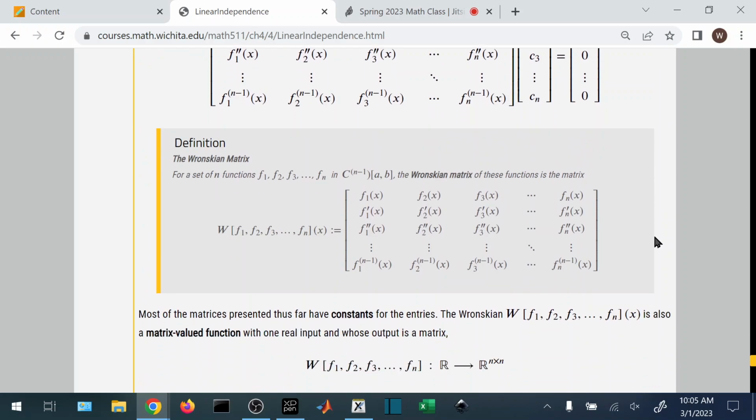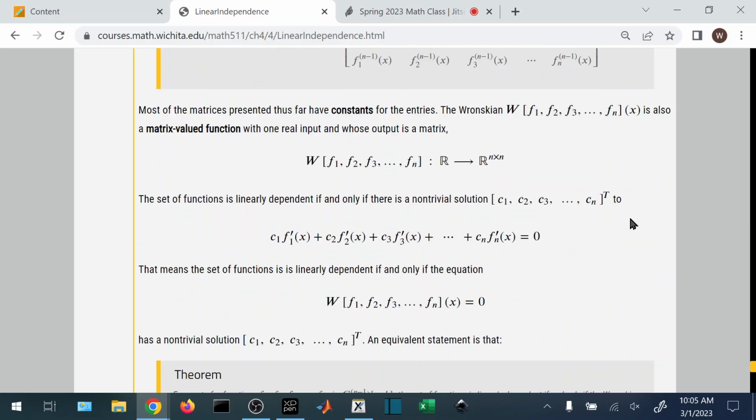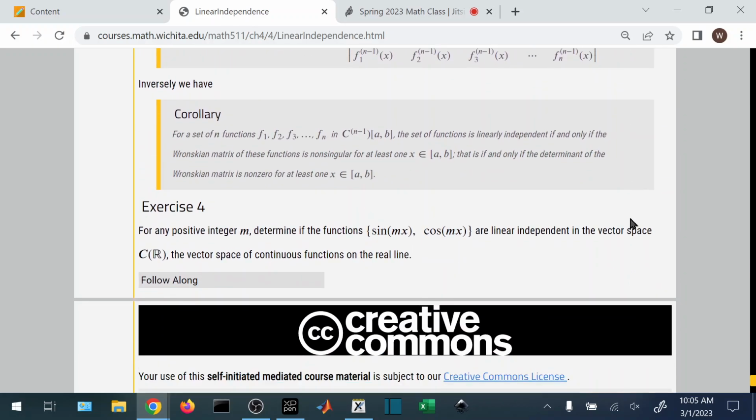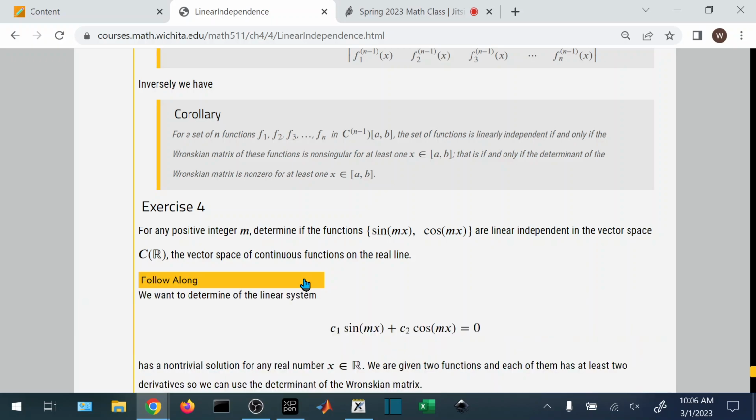And the Wronskian is the determinant of this n by n matrix full of derivatives. So, for example, how do we know that sine of one integer m times x is linearly independent from cosine of m times x? Well, we've got 2 functions, we need a 2 by 2 matrix, right?